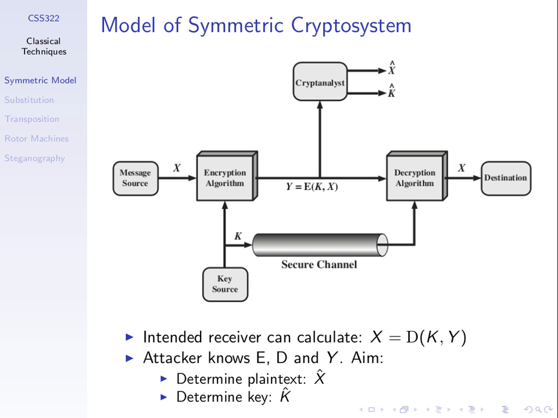They want to make some estimate of what is the plaintext here. If they get that, then they're successful. And or they want to determine the key, because that should be secret. If they can do analysis from these three pieces of information to find the plaintext, the system is not secure. Or if they can find the key, the system is not secure.